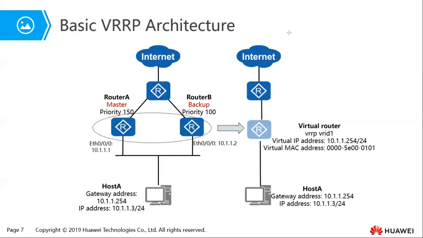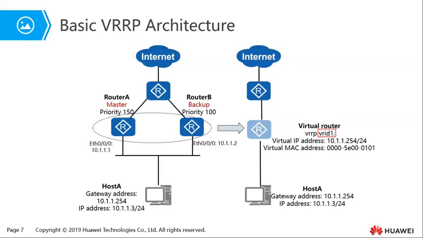Now, the other thing we need to understand is what we call a VRID. For example here, you're going to see we have a command called VRRP VRID 1. VRID is the virtual router identification.